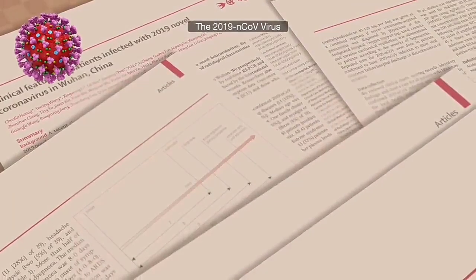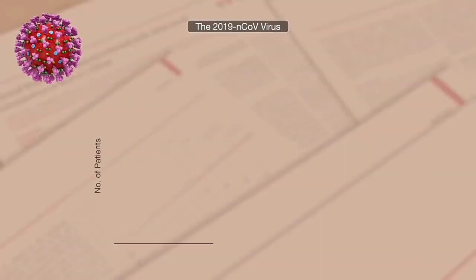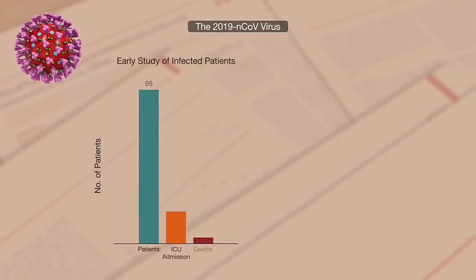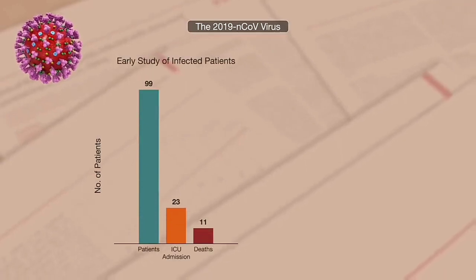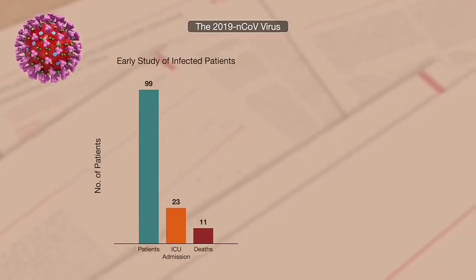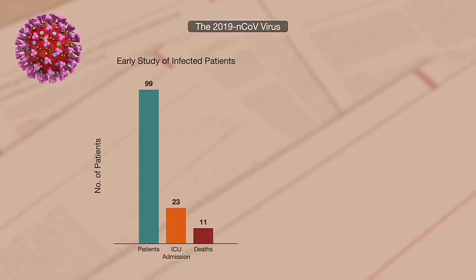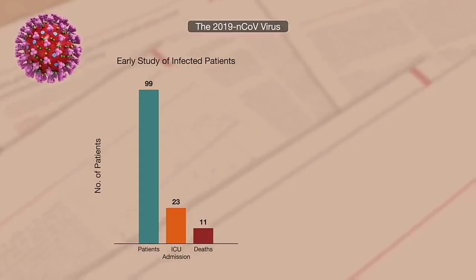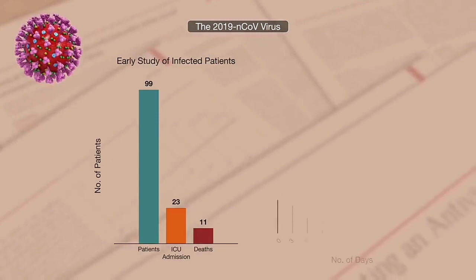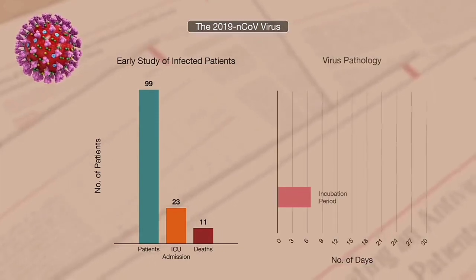Much is yet to be known about the 2019 novel coronavirus. An early study of 99 infected patients showed a high mortality of 11%, similar to SARS, and ICU rates of 23%.